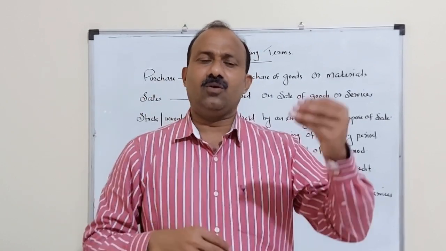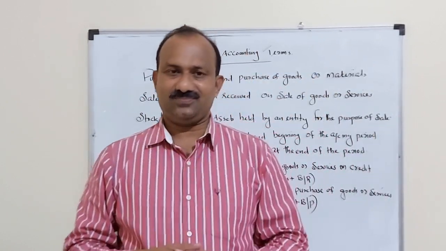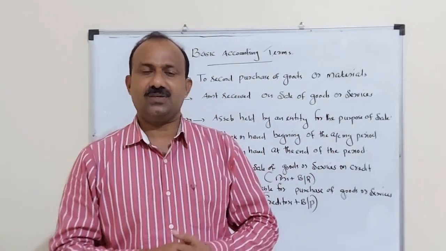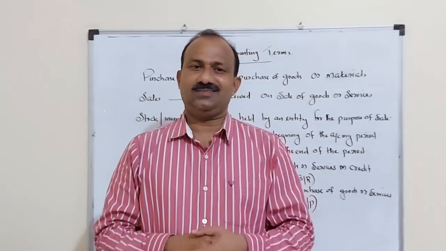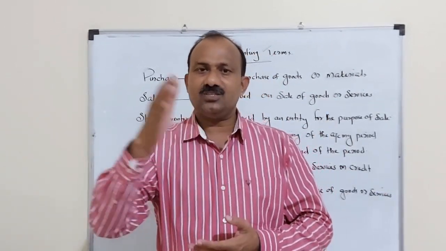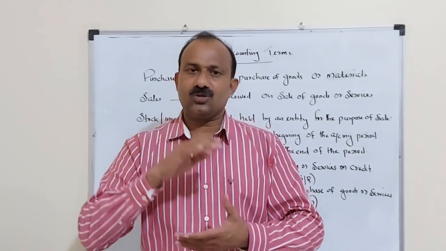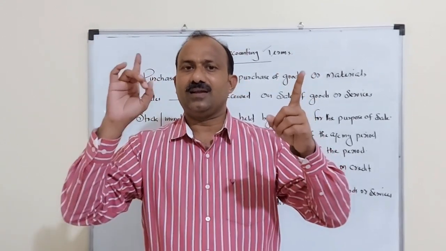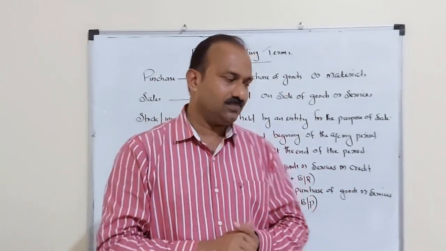Stock or inventory may be opening stock and closing stock. Goods in hand at the beginning of the period is known as opening stock of the entity. Goods available at the end of the period is known as closing stock of the organization. The closing stock becomes the opening stock of the next year. So opening stock and closing stock, two important terms.